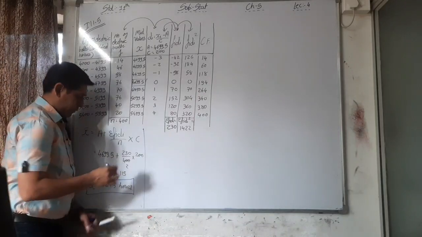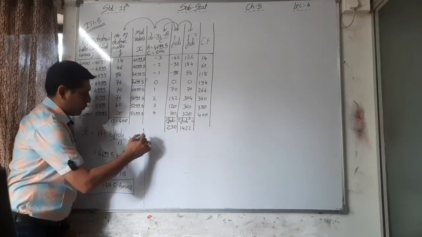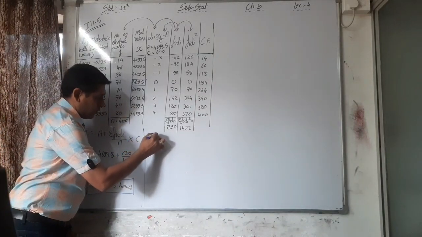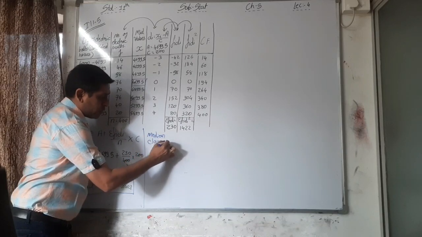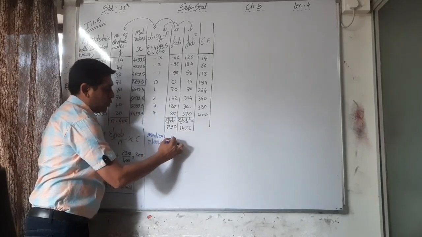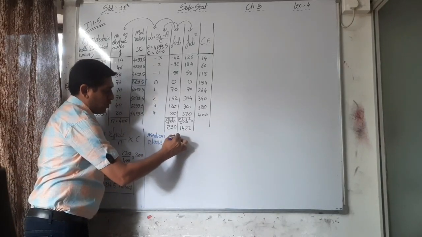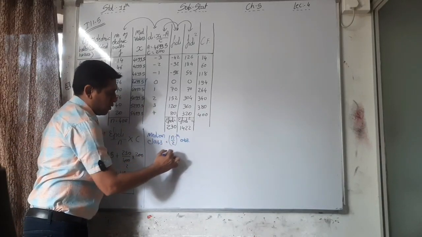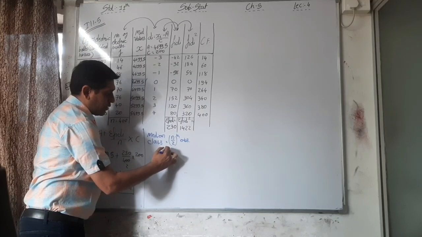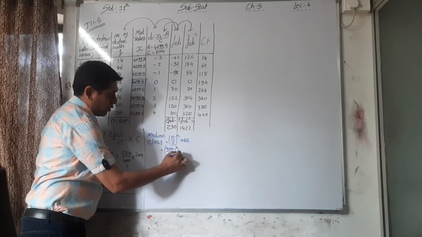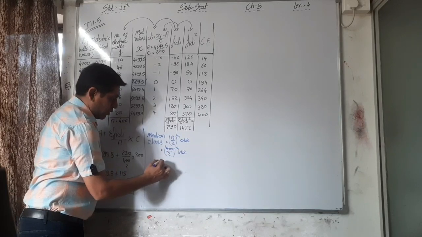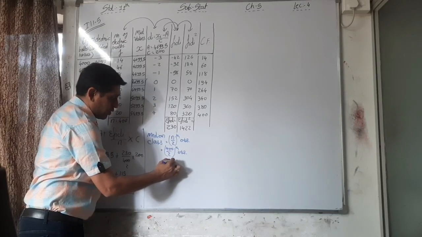Now median. First of all, median class. What is median class? N by 2 observation. That is N is equal to 400 here, so 400 by 2, the 200th observation.